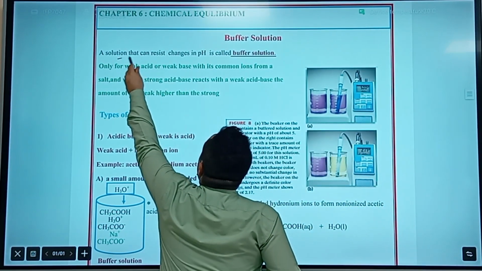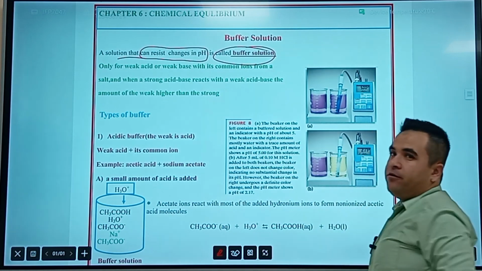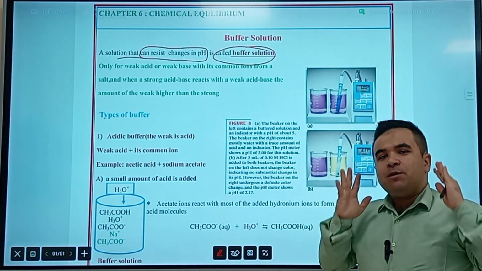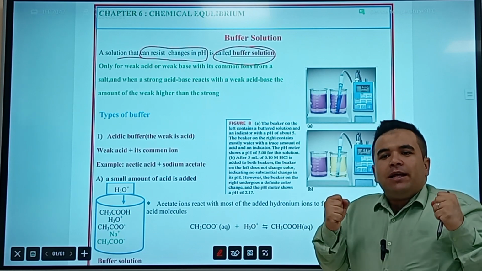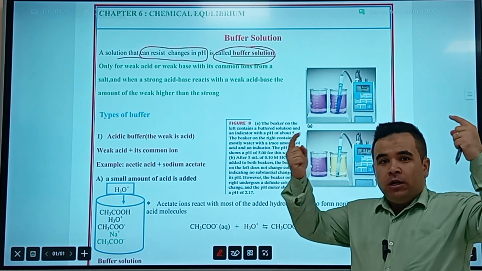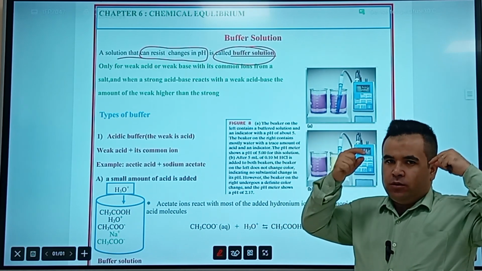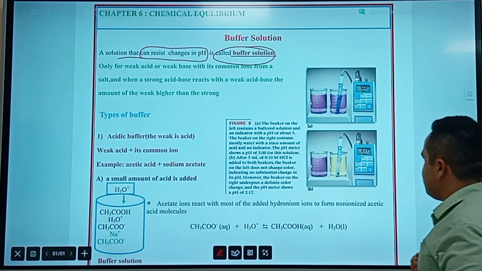So any solution that resists change in pH we call a buffer solution. A buffer solution has a tendency that does not let the pH of a solution change while we add an amount of strong acids and strong bases.